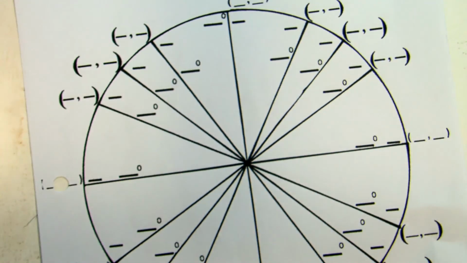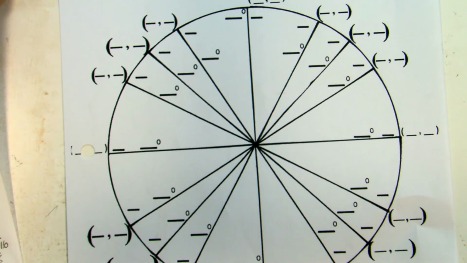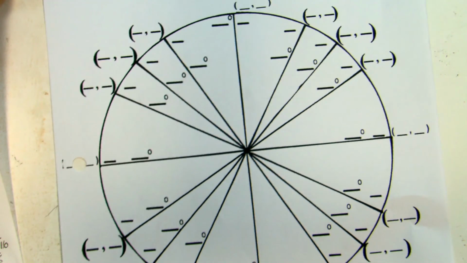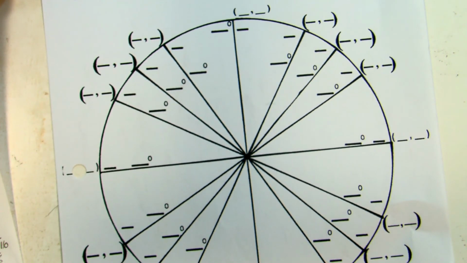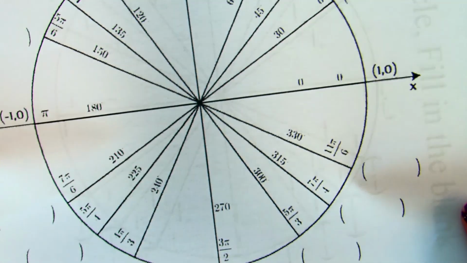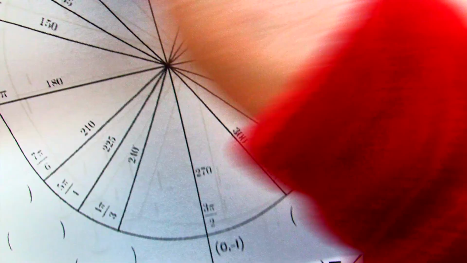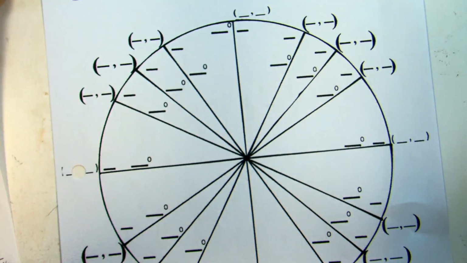So find this in the packet. You're going to do this for me on Friday, and tomorrow you're going to do the one with just the sines and cosines, where it gives you all the angles, but you're just putting in the sine, comma, cosine. You're going to do that one for me tomorrow. So I'll stop this and I'll start it again in a minute.